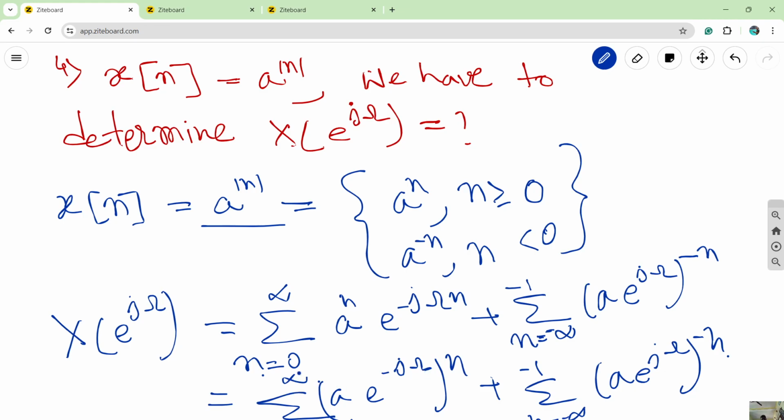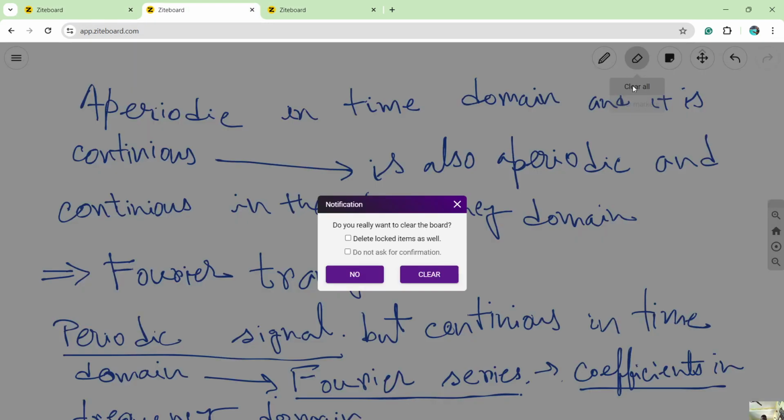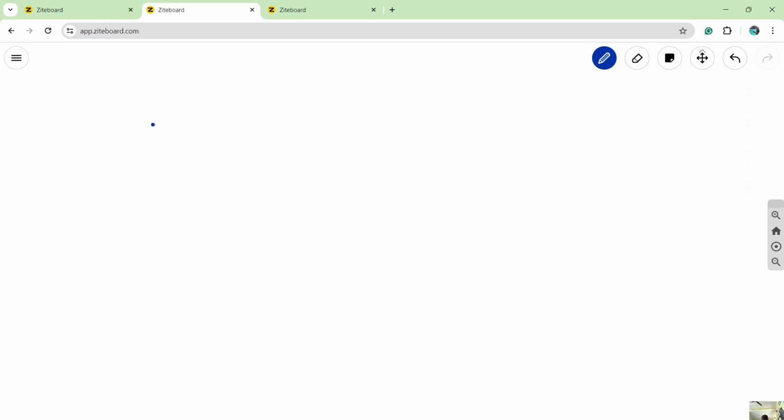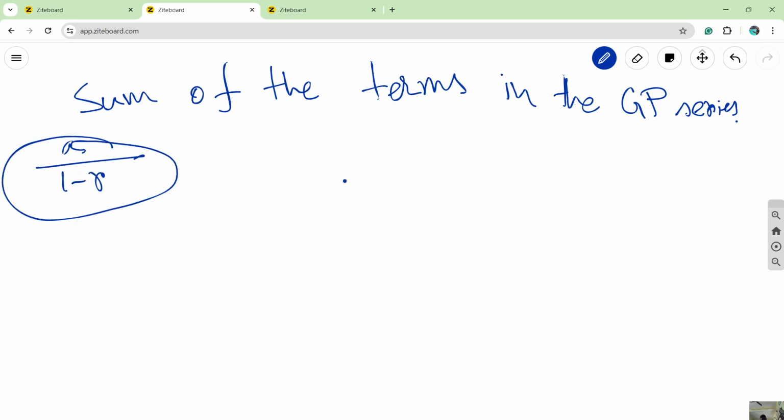So this is an infinite sum and this is also an infinite sum. From this we can write it with the GP series, the sum of the terms in the GP series, and for that we know this is a by 1 minus r in that format.